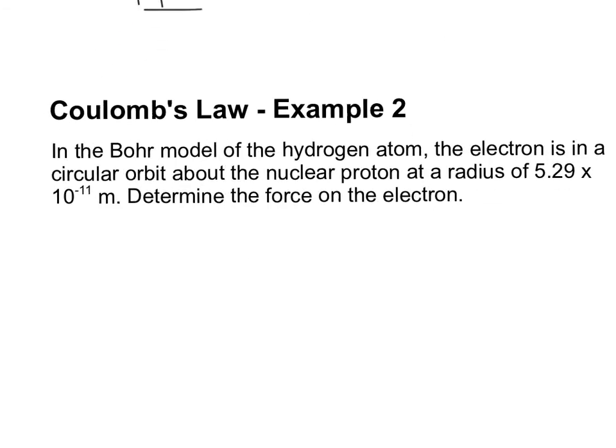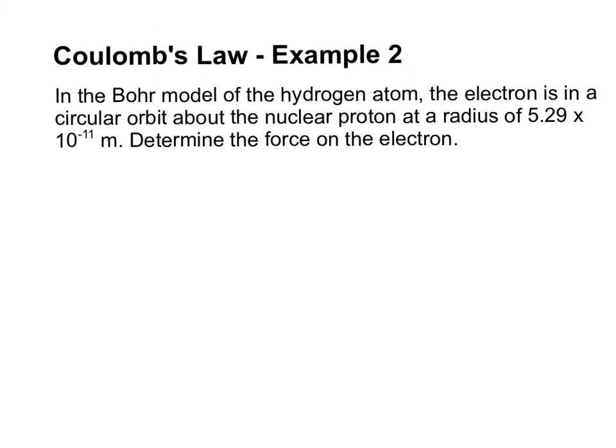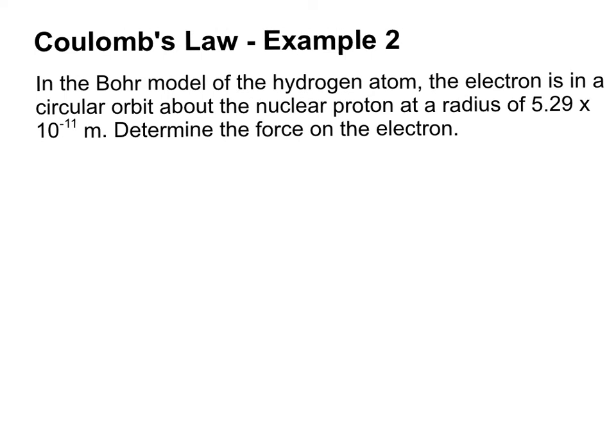So the next thing we can do is ask a chemistry question. In the Bohr model of the hydrogen atom, the electron is in a circular orbit around a proton in the nucleus. And here's our radius. That radius is basically how far the proton is away from the electron.